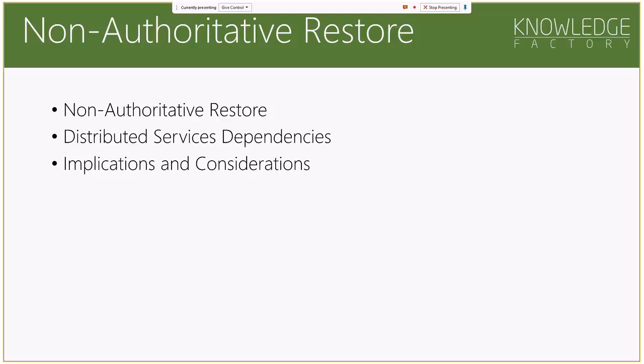So, implications. Since it's a multi-master update model in which objects can be created or modified at any domain controller in a domain, these object creations and modifications are then replicated to all DCs concerned using the AD replication topology.